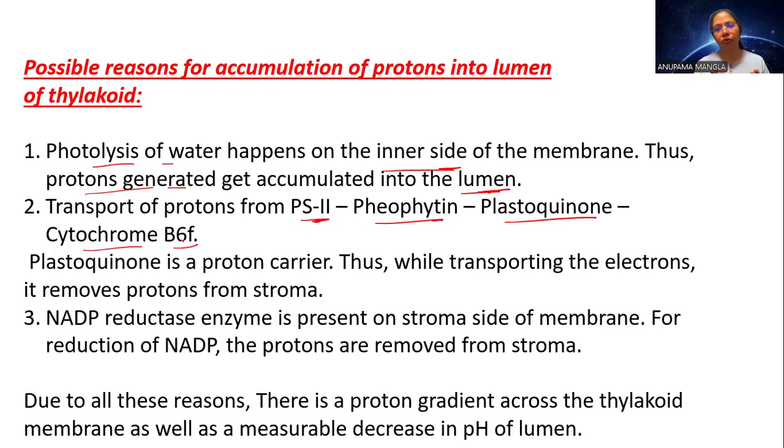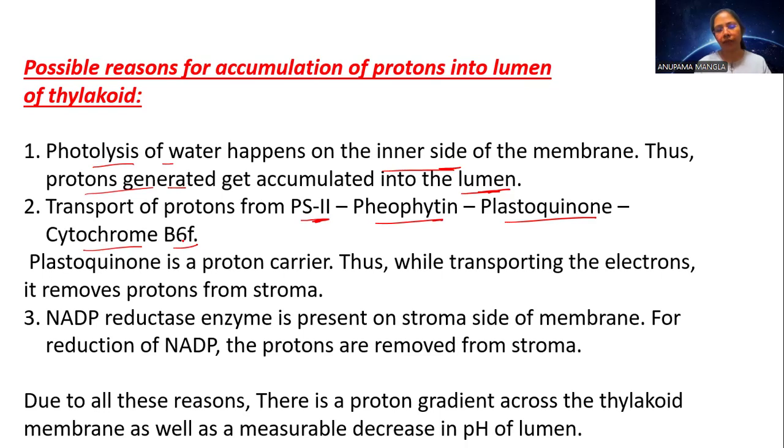Here plastoquinone is a proton carrier, so while transporting the electron, it will be removing some protons from the stroma. And third point, due to the NADP reductase enzyme, which is present toward the outer side of the membrane, for NADP reduction it will be removing some protons from the stroma.